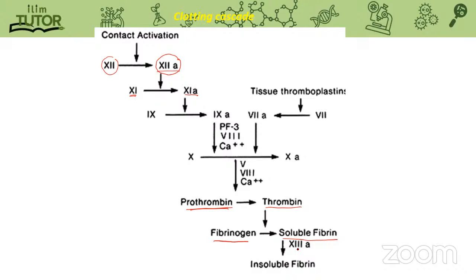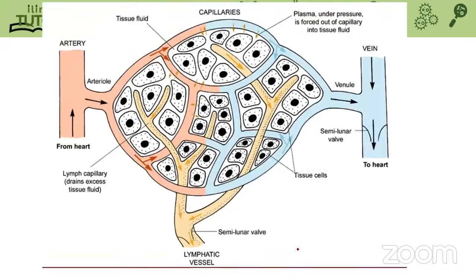Now, let's look at how the blood actually interacts with the cells of the tissues, right? So when we talk about the interaction of blood with the cells of the tissues, we must remember that blood leaves the heart, first of all, via the arteries. And from the arteries, blood will flow into the arterioles, all right?